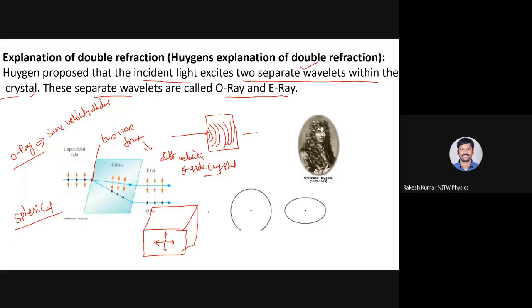But when you see it in the two-dimensional case, how does it look? Circular. Yes, that is what the diagram given here means. So your ordinary ray looks circular when you see it from one side, like a 2D image of your ordinary wave. Actually, it is a spherical wave inside the double refracting crystal. Suppose this is for the ordinary ray, whereas the extraordinary ray travels with different velocities along different directions.